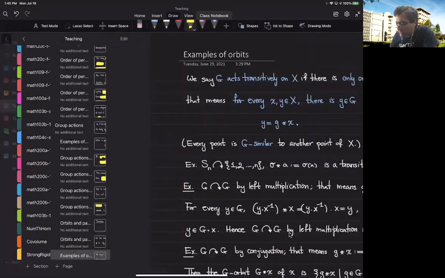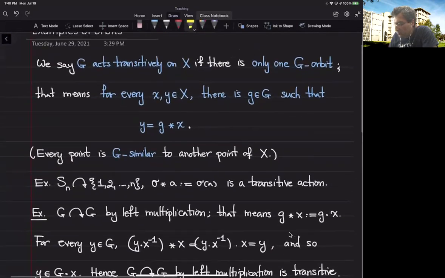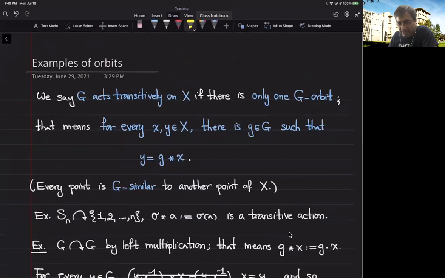If an action has only one orbit, we call it a transitive action. We say G acts transitively on the set X if it has only one G orbit, if every point is G similar to every other point. It means it has a lot of symmetries.